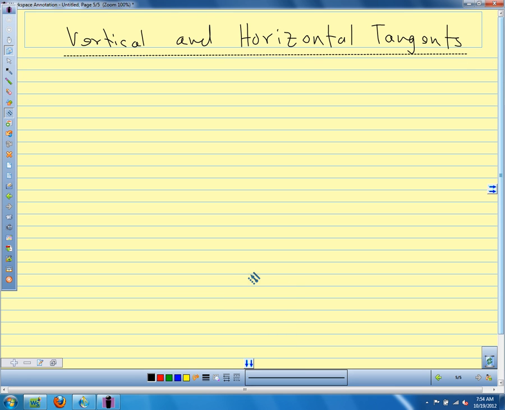So we want to figure out when our tangent lines are vertical and horizontal.